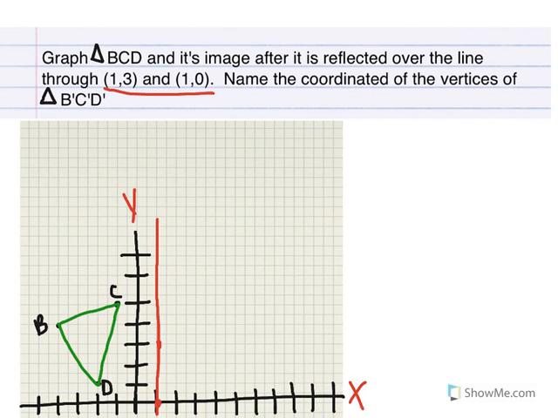As far as a point is from this line of reflection, that's how far it has to go on the other side also. So let's start with C. C is 2 spaces from the line, so it's going to have to go 2 spaces across from the line. So C prime will be here. B is 1, 2, 3, 4, 5 spaces from the line of reflection, so it's going to have to go 5 spaces on the other side.